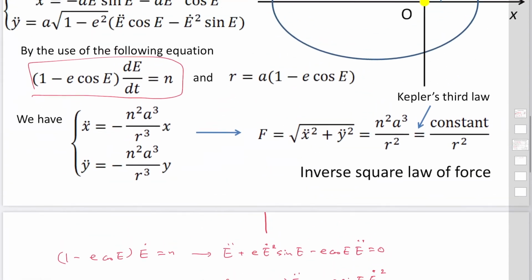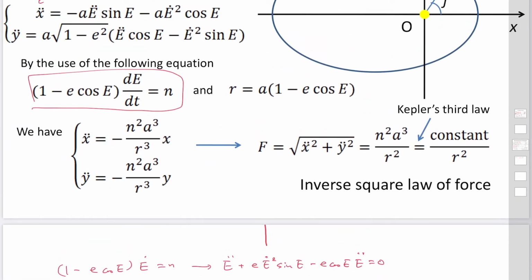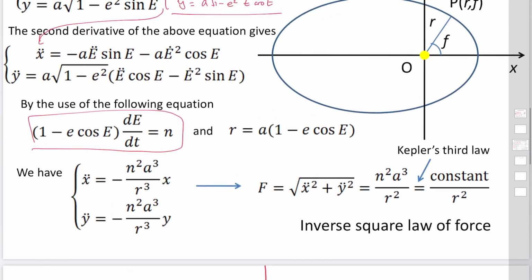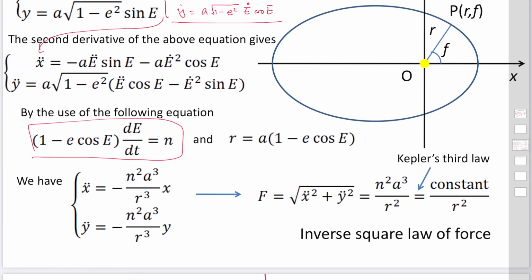Then return to the equation for x double dot. We have derived the E double dot and the E dot equations.